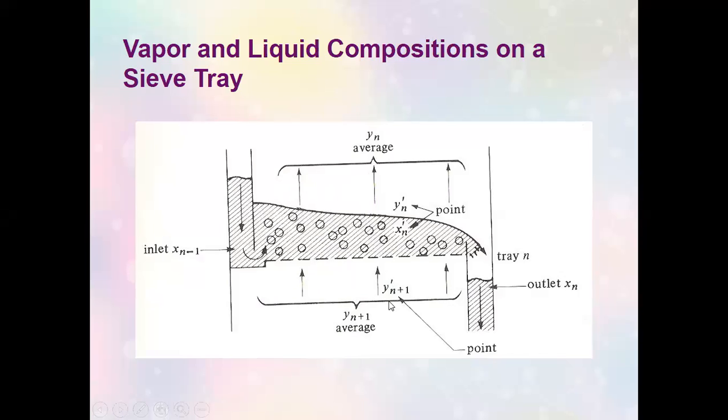Whereas if it's a specific point on the tray, if this is the point, your Y sub N prime will be the vapor leaving this point on tray N. The X sub N prime is the concentration of the liquid entering this particular point on tray N. So it's now specific to a particular point on tray N.